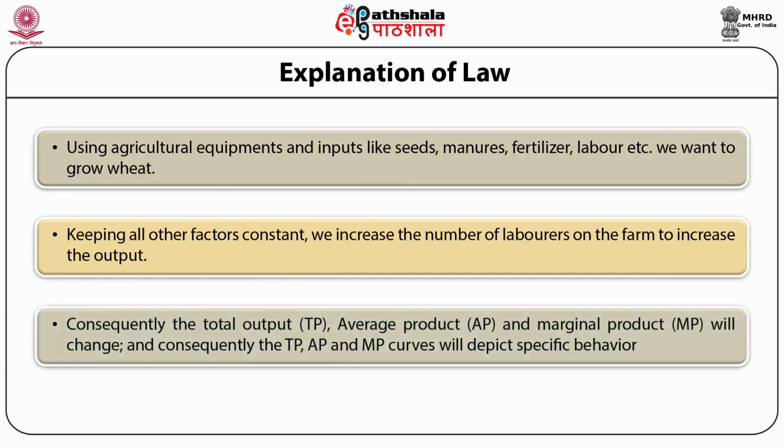Consequently, the total output, that is TP, average product and marginal product will change, and consequently the TP, AP and MP curves will depict specific behavior.